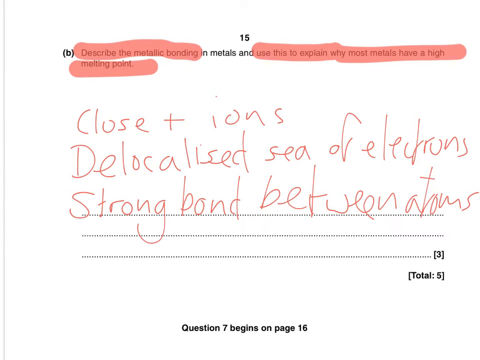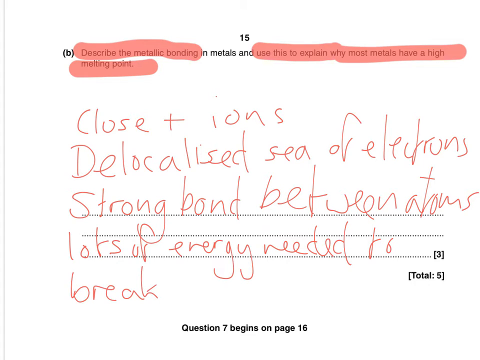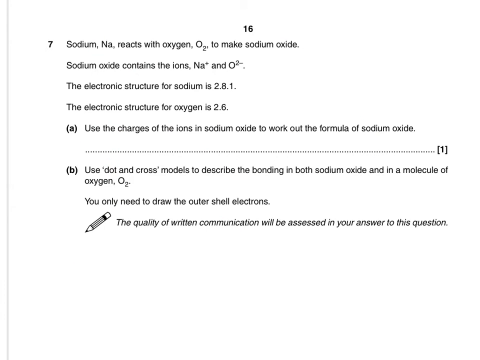The third mark, or the final mark, is to talk about the fact that lots of energy is needed to break those bonds. And that's it. That's your 3 marks. So from the outset, it looks quite tricky, but if you know your metallic bonding, then you're on to a winner.